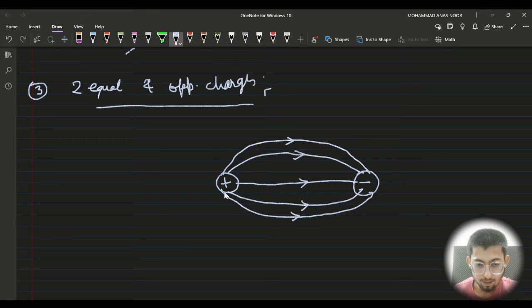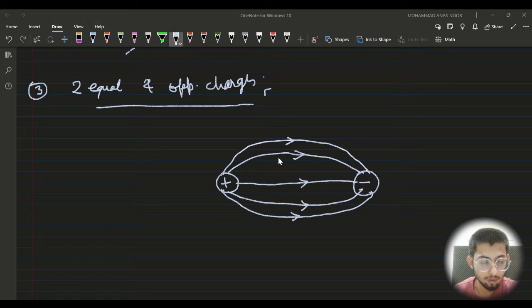It starts from positive and it ends at negative, that's it. There is no loop here, because the electric field lines do not form loops, and it goes like this, because we are not drawing all of them, right?